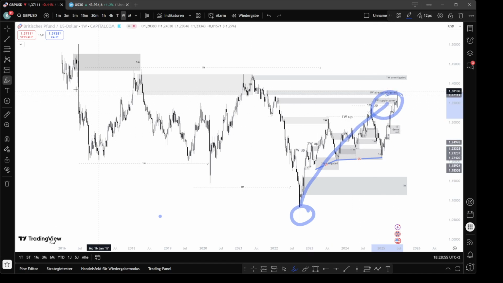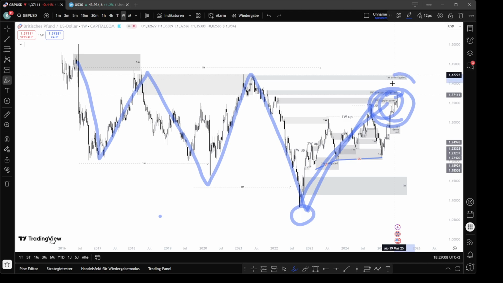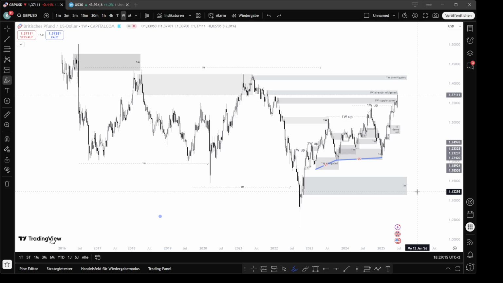Since price has been moving in a series of lower lows and lower highs, we're expecting price at some point within this area to form another lower low. It means price should sell. That is our analysis, the way we are looking at the market based on market structure.